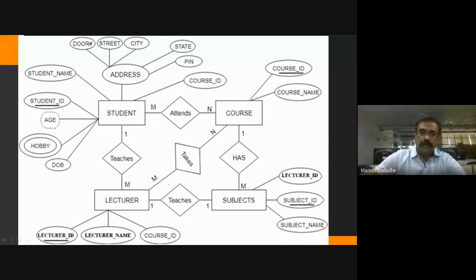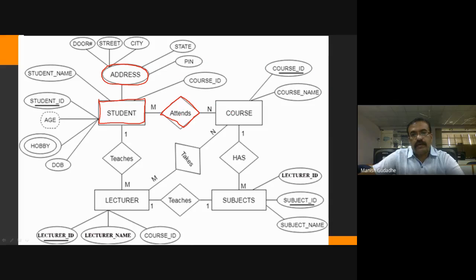Now you have observed that the entities are posted in a rectangular block, attributes are posted in an elliptical block, and similarly the relationships are posted in a diamond block.